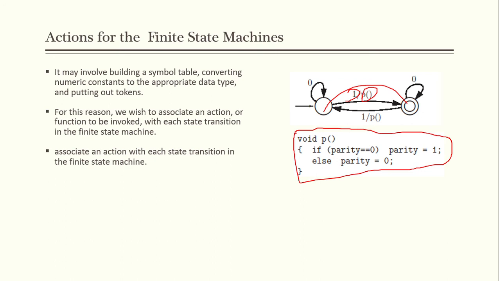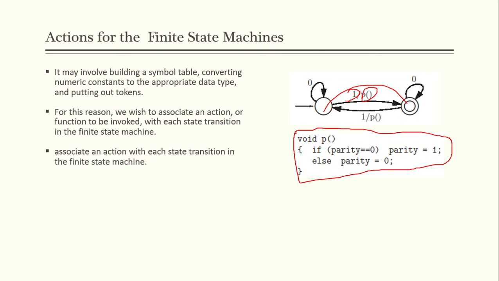So the transition function tells you not only what input, but also what action, meaning what method, to perform. That is what we call the implementation of finite state machines.